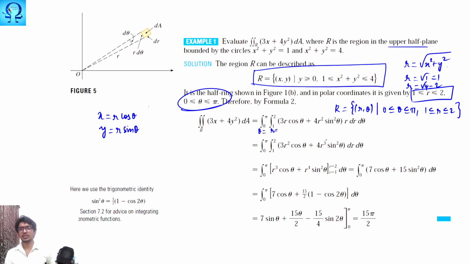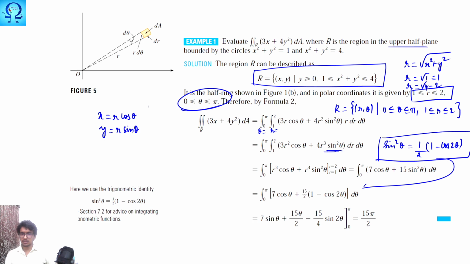We substitute these things and we multiply this r inside, that is why it becomes 3r squared cos theta plus 4r cube sin square theta, and the sin square theta is split as half times of 1 minus cos 2 theta. Actually we'll have to do this, but when we integrate with respect to theta, then it is enough to do this one. So this is done at this step. Here we are just integrating with respect to r and substituting the limits, and the rest follows. Okay.